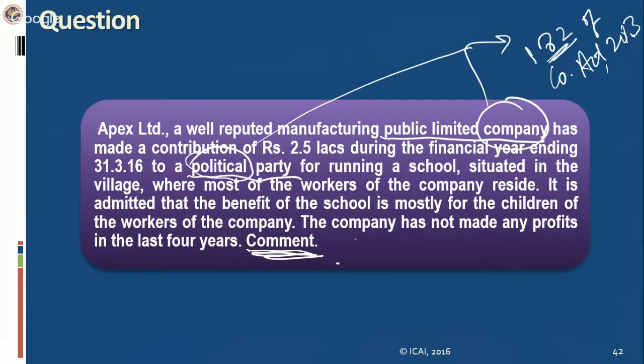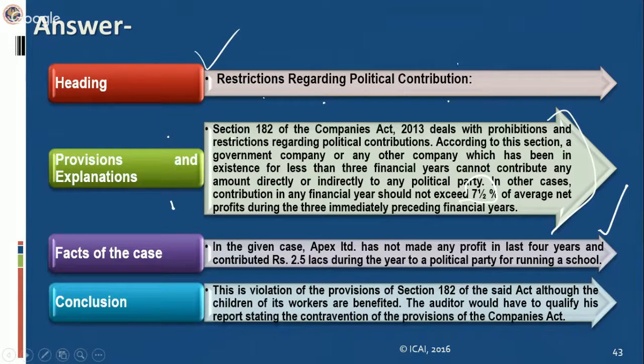In the question, it was written, Apex Limited, a well-reputed manufacturing public limited company, has made a contribution of 2.5 lakhs during the financial year ending 31st March 2016 to a political party for running a school situated in the village. And the last line is the company has not made any profits in the last 4 years. Please remember, students, use your own language only. Don't just copy paste the facts of the case from the question.